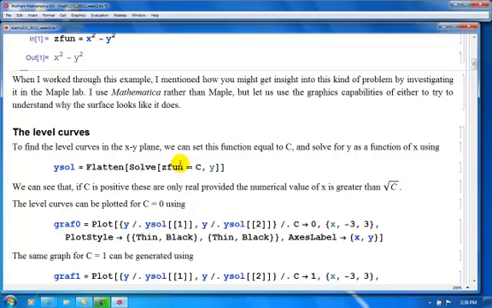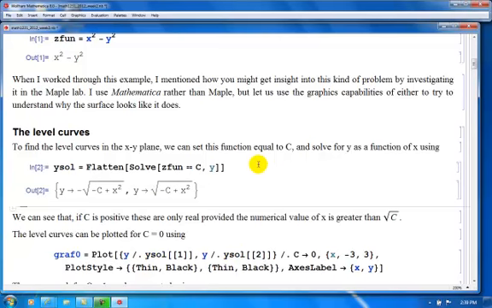So let's start with the level curves. To find the level curves in the XY plane, we set this function equal to some constant c and solve for y as a function of x using this. We can see that if c is positive, then this will only be real provided c is greater than the positive square root of c.